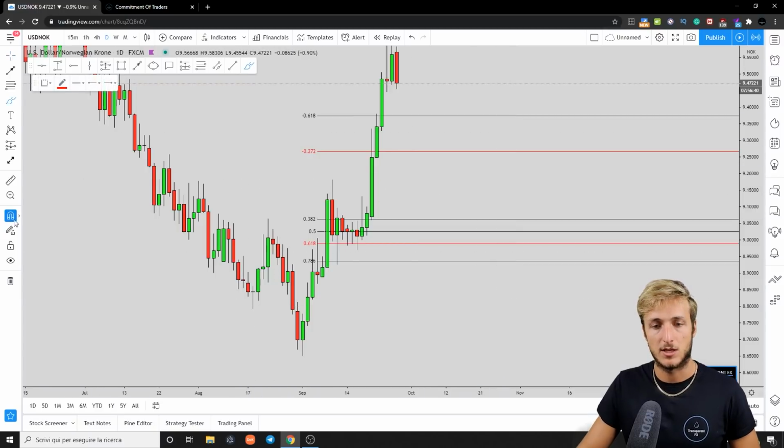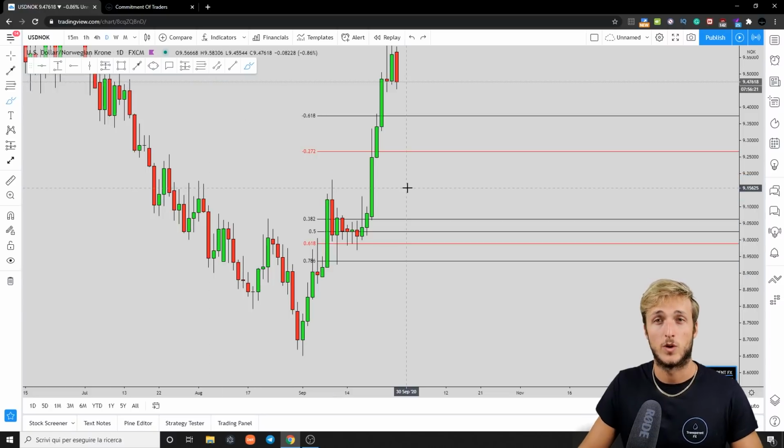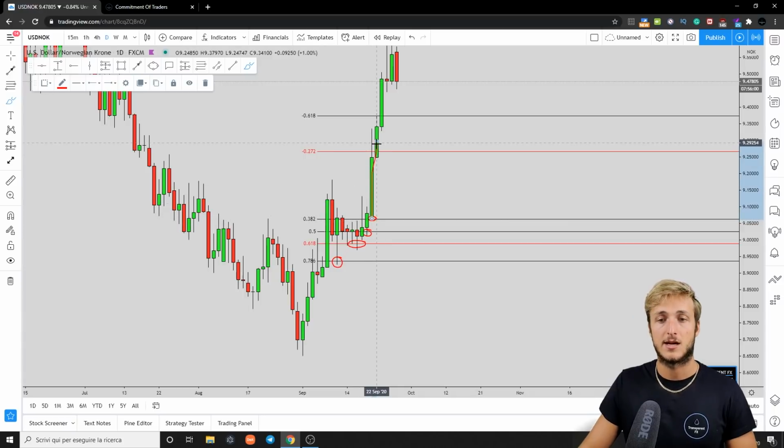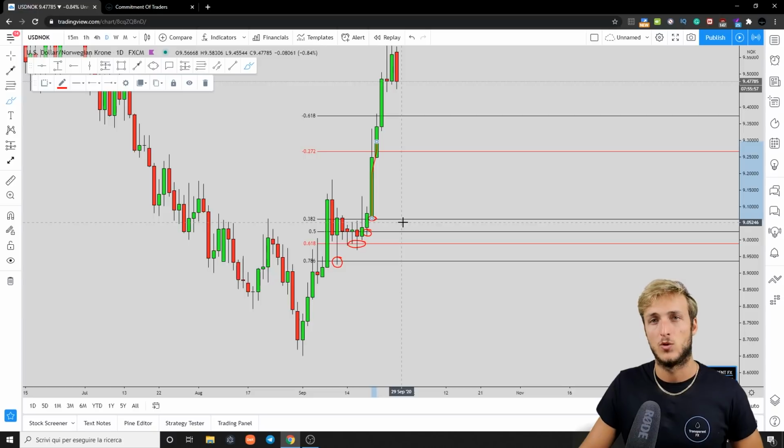In fact, by taking our Fibonacci from this low to this high, which is the impulse leg, we can see that first the market tested at 0.786, then the market broke above the 0.618 and tested the 0.618, then the market broke above the 50% and tested the 50% here, and then finally the market broke also above the 0.382, retested it here, and started the explosion to the upside exactly as we expect with this pattern.